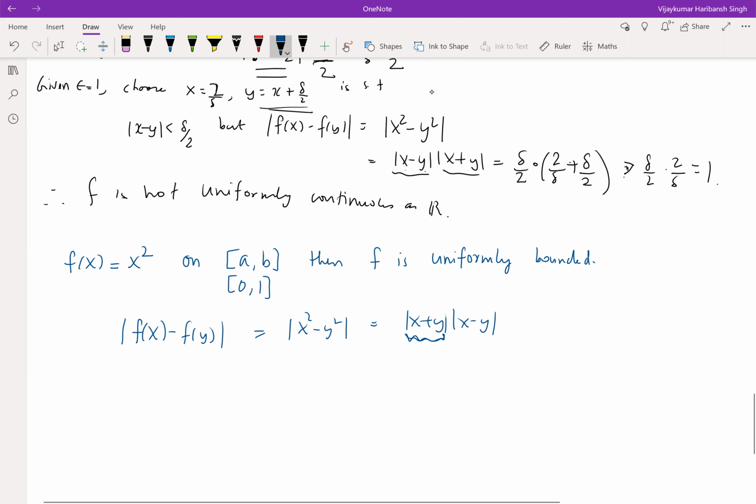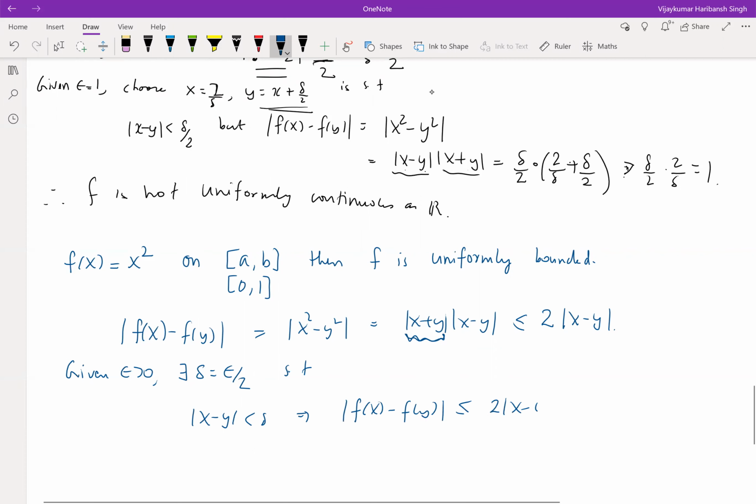You are in the interval 0 to 1, so this is going to be less than or equal to 2 times |x minus y|. So given epsilon greater than 0, there exists delta equal to epsilon by 2, such that the moment you have |x minus y| less than delta, it implies |f of x minus f of y| is less than or equal to 2 times |x minus y|, which is less than epsilon.